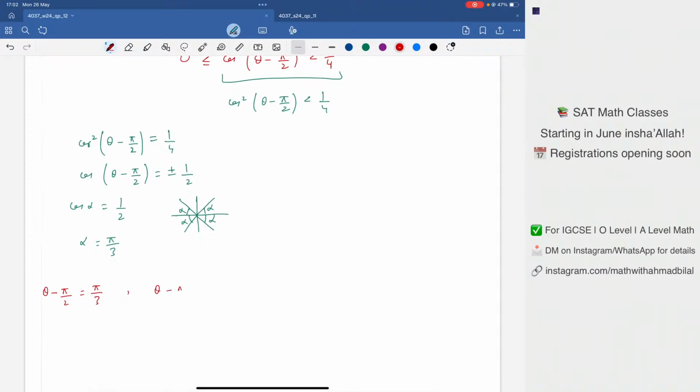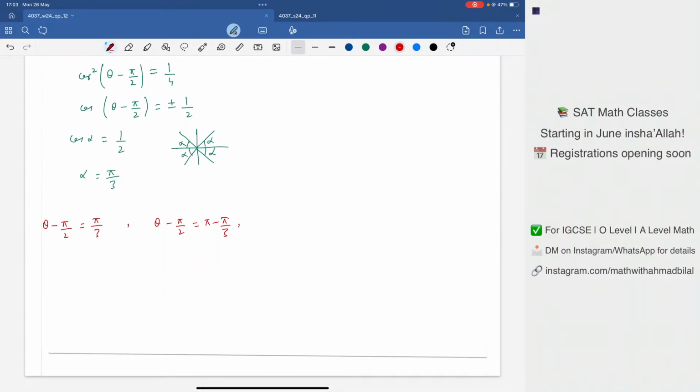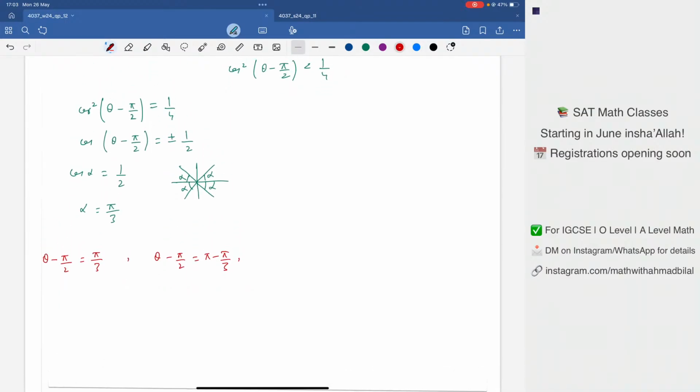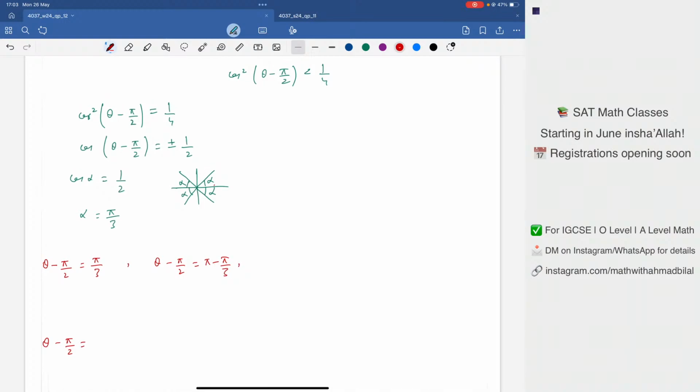What about the second quadrant? In the second quadrant, we would have pi minus pi over 3. Similarly, we can have more values of theta. Theta minus pi over 2 could equal, in the third quadrant, pi plus pi over 3.